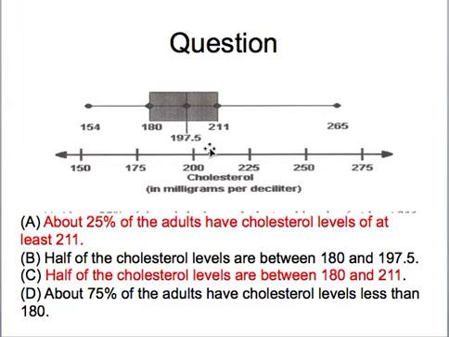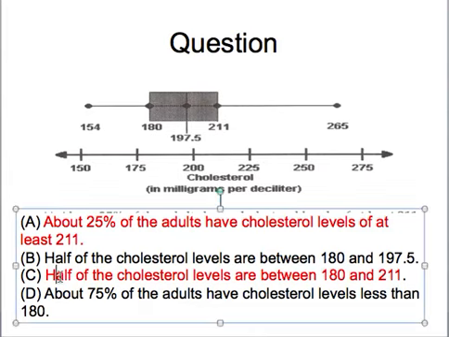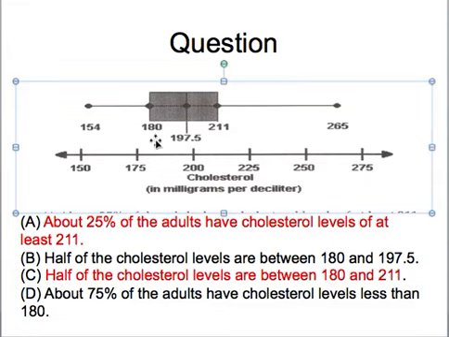Between the first quartile and the third quartile, that's 50%. That is true. So statement C is true. And D, about 75% of the adults have cholesterol levels less than 180. This is 180, that's our first quartile. About 25% of the adults would have cholesterol levels of less than 180. 75% would have cholesterol levels of more. All right.